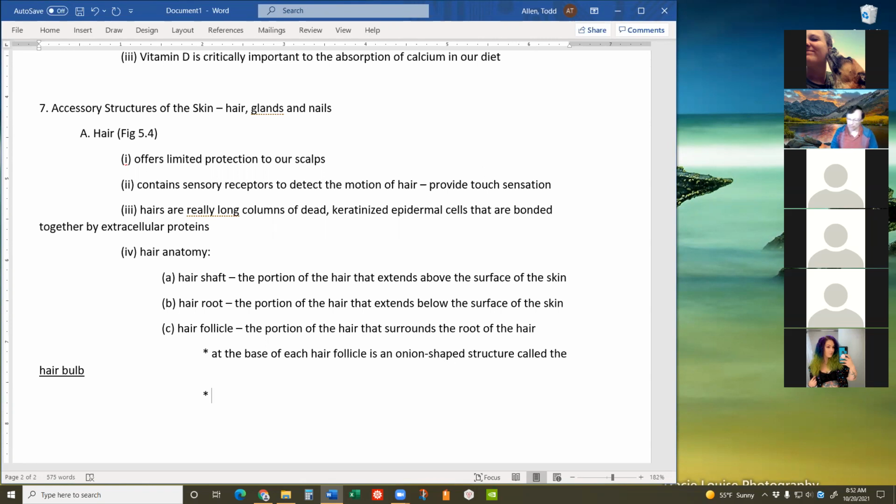The papilla of the hair contains areolar connective tissue, which contains blood vessels that provide oxygen and nutrients to the cells that are supporting the hair, that are still living and taking care of the overall health of the hair.